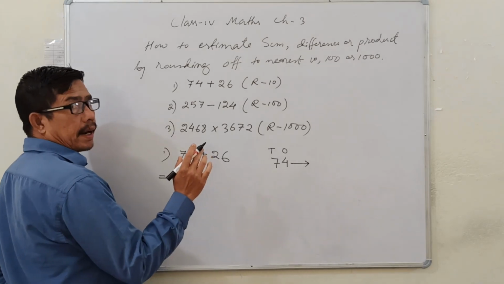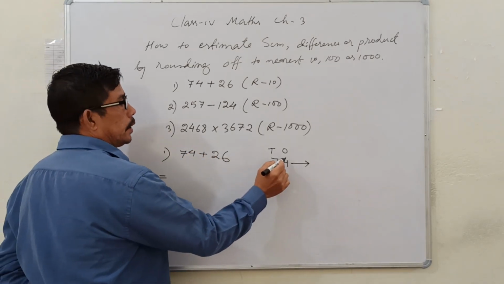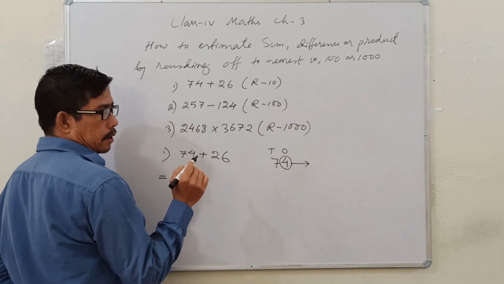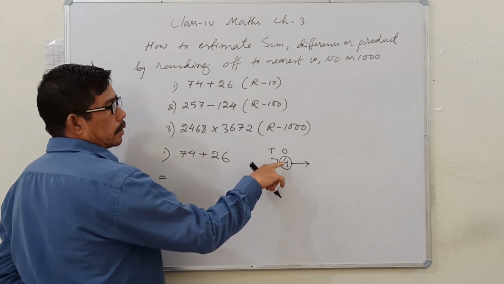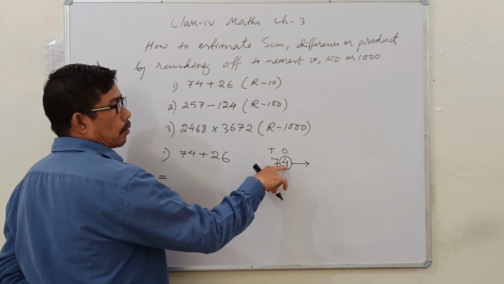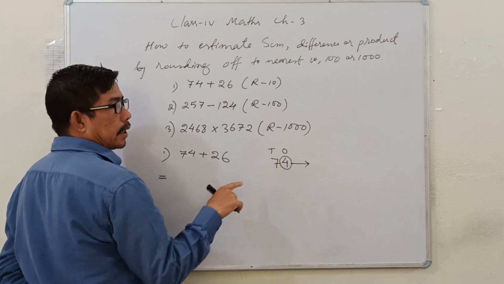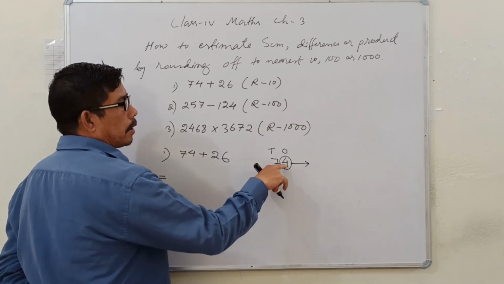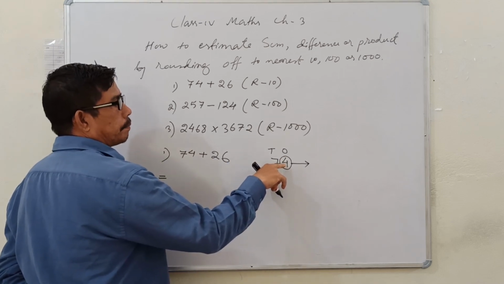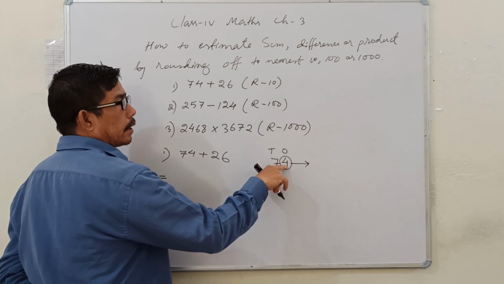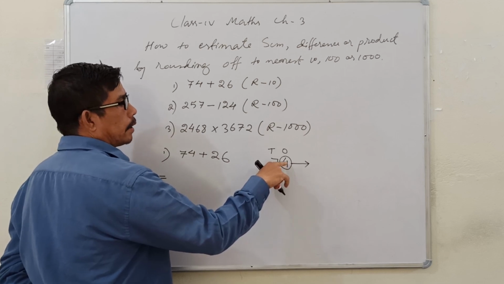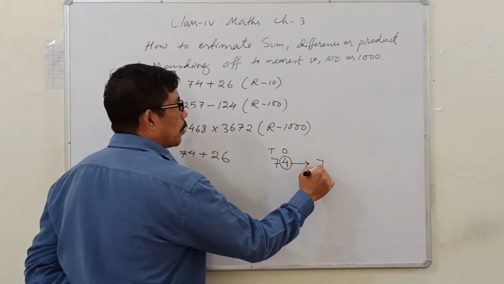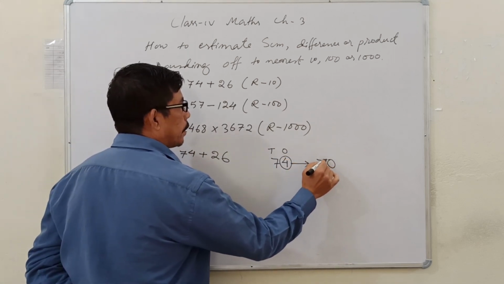So rounding to nearest 10, we shall see the digit in 1's place. The digit in 1's place is 4. 4 is less than 5. So if the digit is less than 5, then we shall replace this by 0. That means 74 becomes 70.